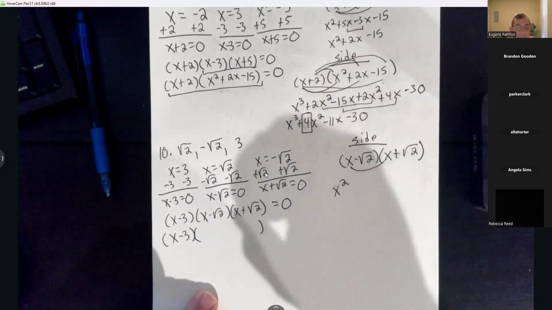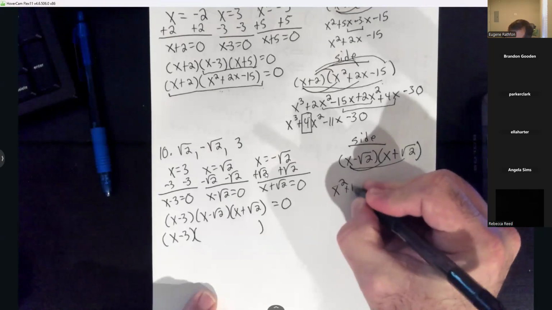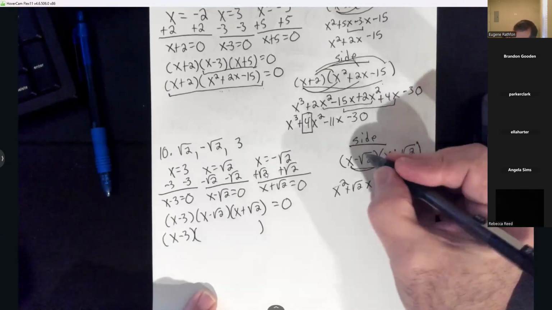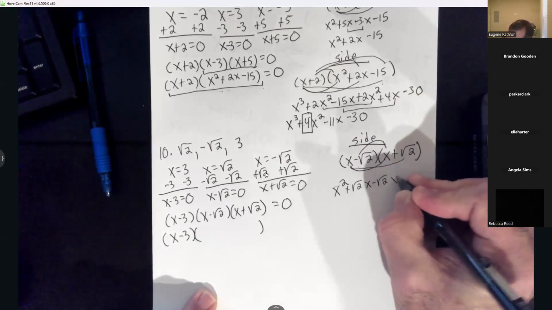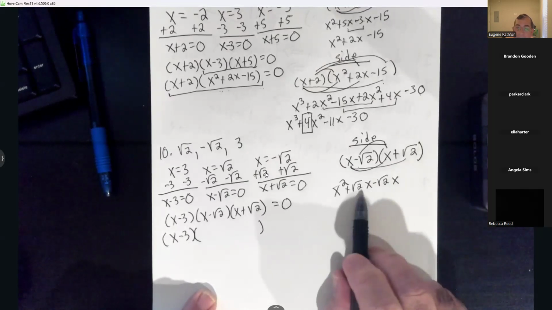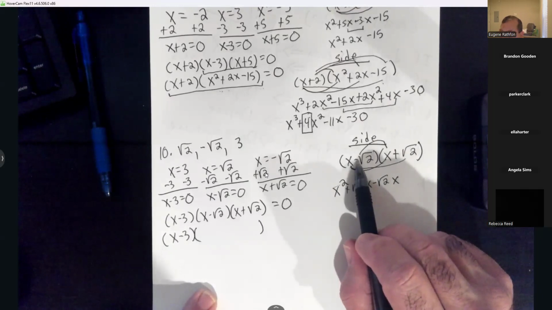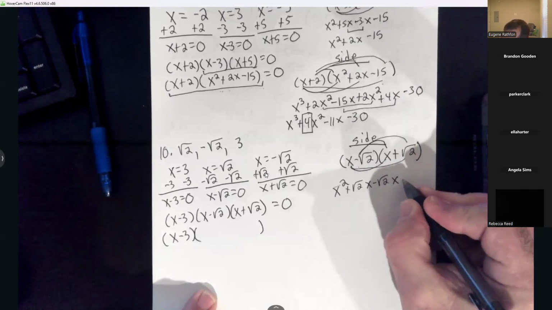Now, I'll FOIL it out all the way. If you do x times square root of 2, you get a square root of 2 times x. Here you get a negative square root of 2 times x. So those are going to cancel because one's positive and one's negative. But what are you going to get with that negative square root of 2 times a positive square root of 2?